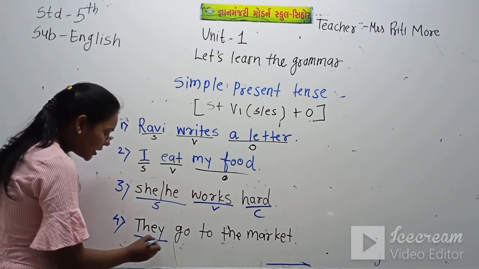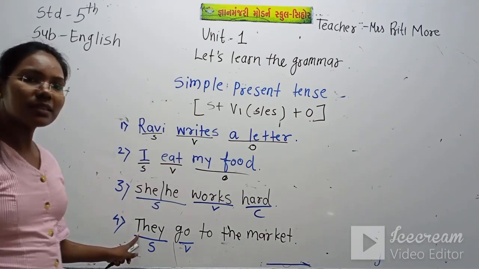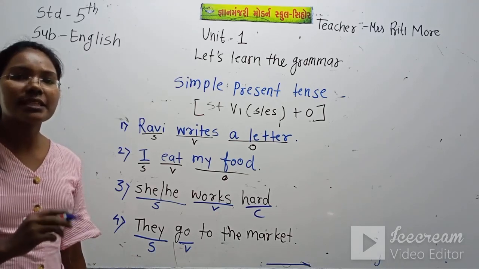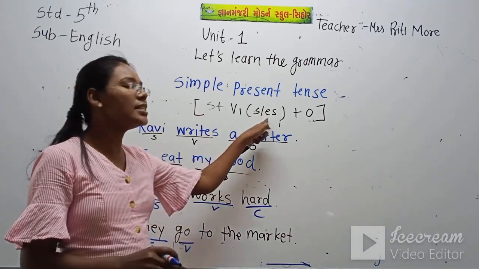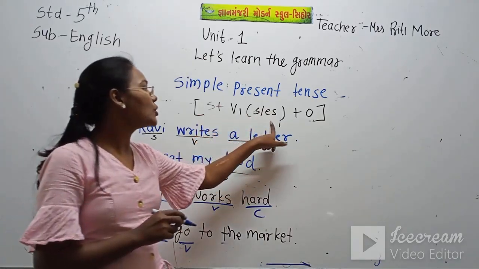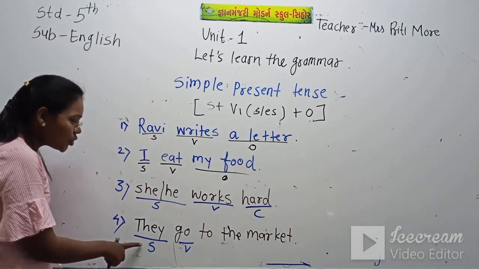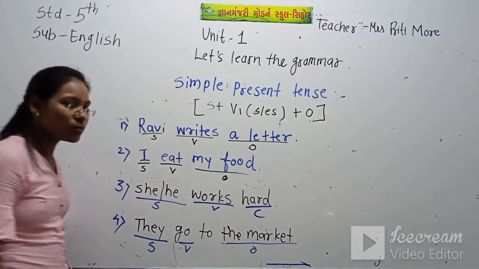So this they is our subject, go is the verb. This is plural, that's why we haven't added s or es here. When the subject is plural, at that time we don't add s or es to the verb. We only use s or es to the verb when the subject is singular. So they go to the market. The market is our object.